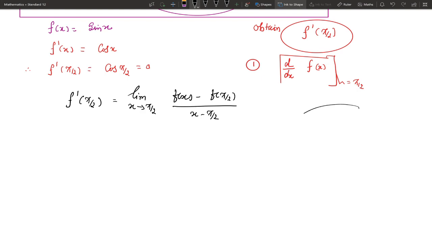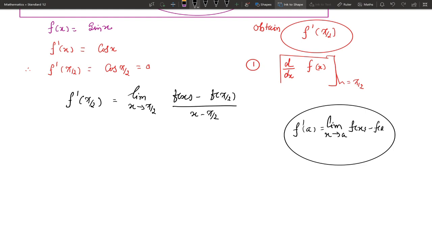Say you recall the definition, f dash a is the limit as x tends to a of f of x minus f of a upon x minus a. This limit must exist.